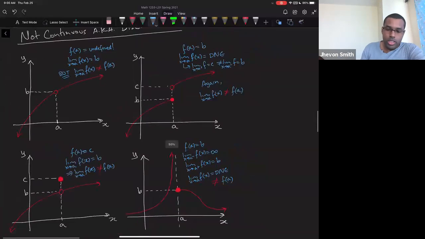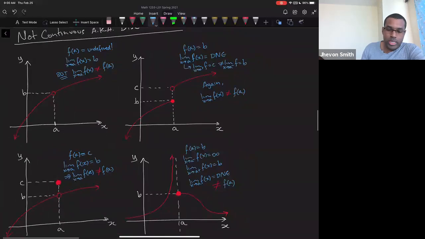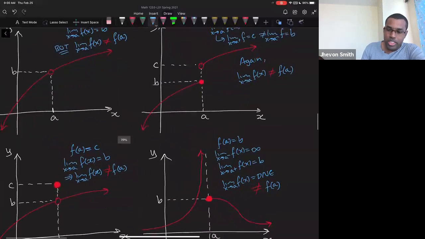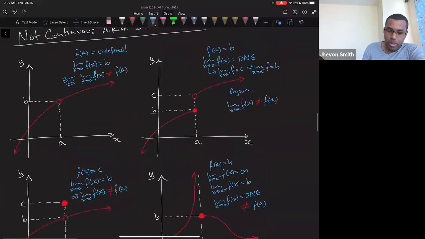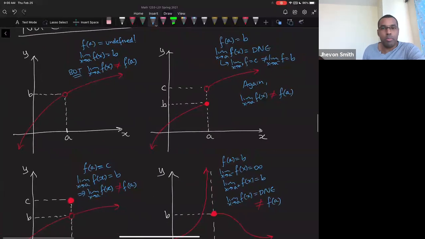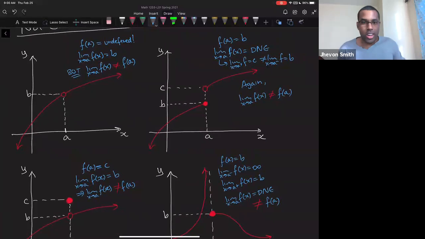Right? And so I'm showing you with these few examples. It can't be a general proof because you can't prove a general statement by just using a finite number of examples. But hopefully this is starting to convince you why this equation is actually important. You'll realize no matter what, come up with any situation you want. It doesn't matter. If it's not continuous, this equation breaks.